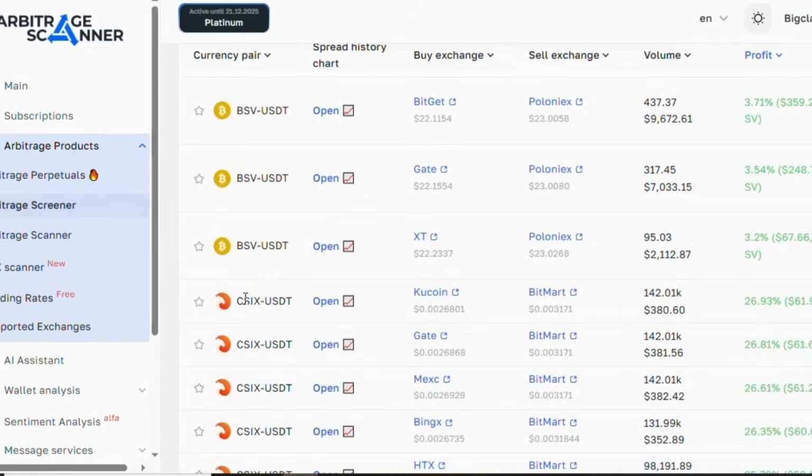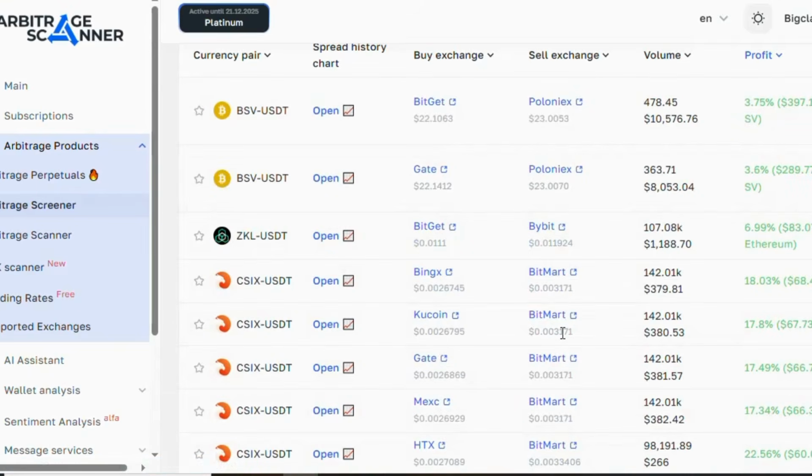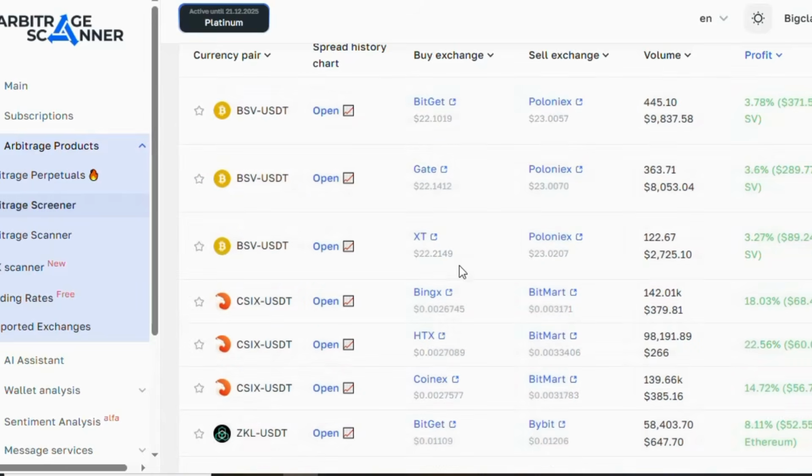You can see CXIX is selling on KuCoin for 0.002, and on Bitmart it is selling for 0.003.